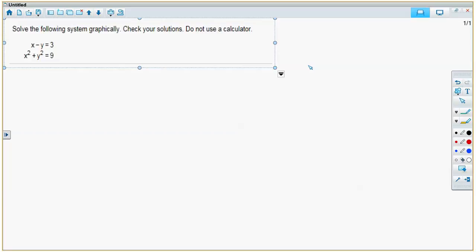The best way is by matrices or by substitution or elimination. So we'll go ahead and do this one.